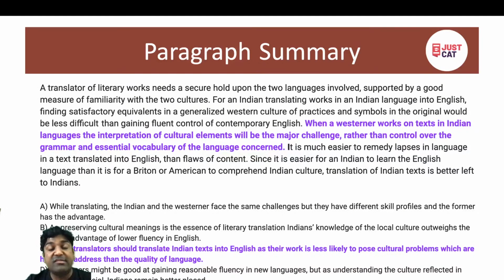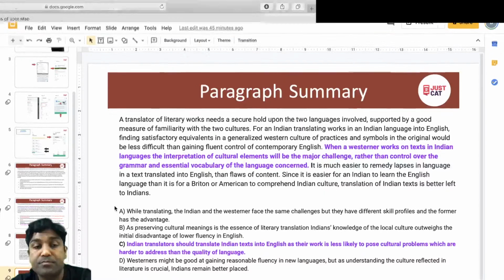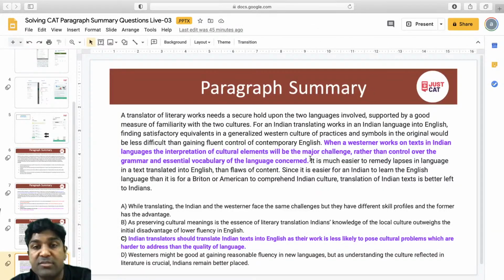C. "Indian translators should translate Indian text into English, as their work is less likely to pose cultural problems which are harder to address than quality of language." So yes, same thing as was said here, if you read after the line which was highlighted.